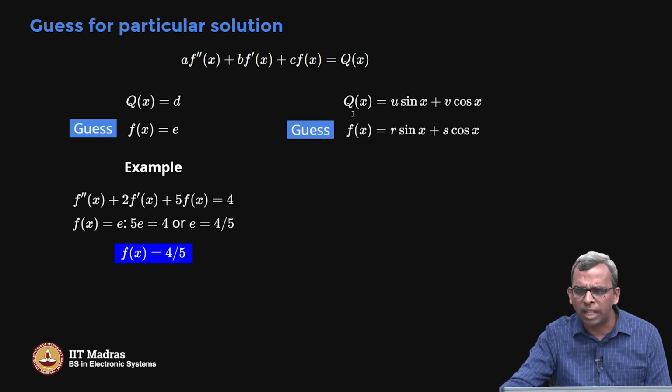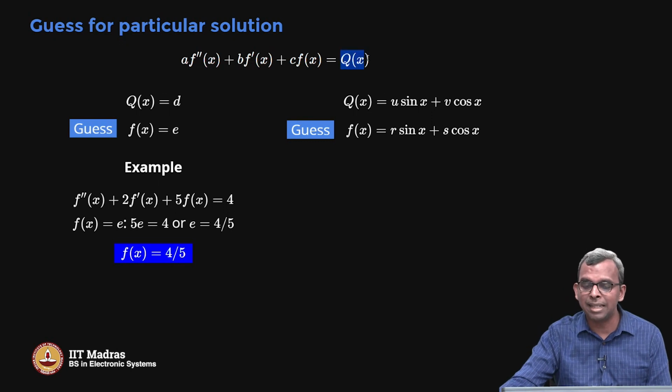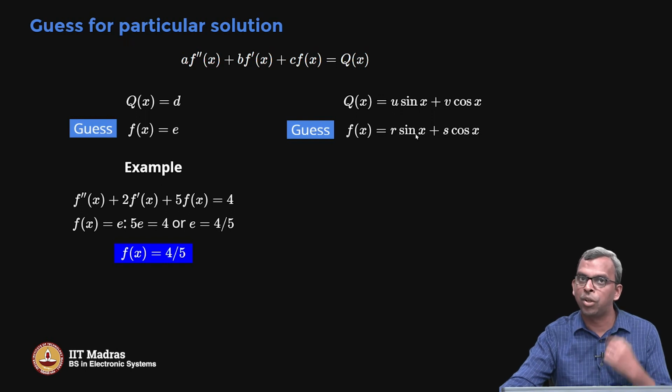Why is this a good guess? On the right hand side, I want a linear combination of sin x and cos x. So that means for f of x also I can guess a linear combination of sin x and cos x. The reason is, if I take a derivative of this, I'll again get a linear combination of sin x and cos x. If you remember the properties, if you differentiate, sin x becomes cos x, and cos x becomes minus sin x. Once again a linear combination of sin x and cos x.